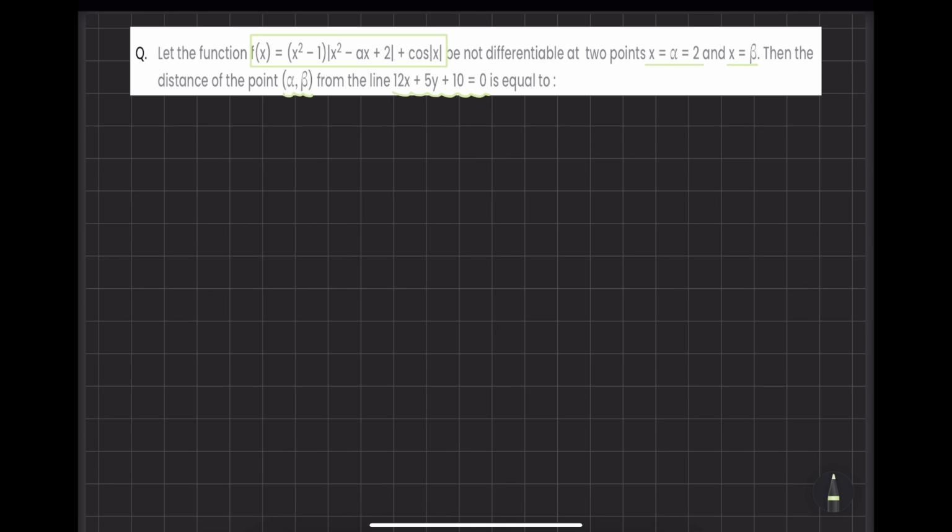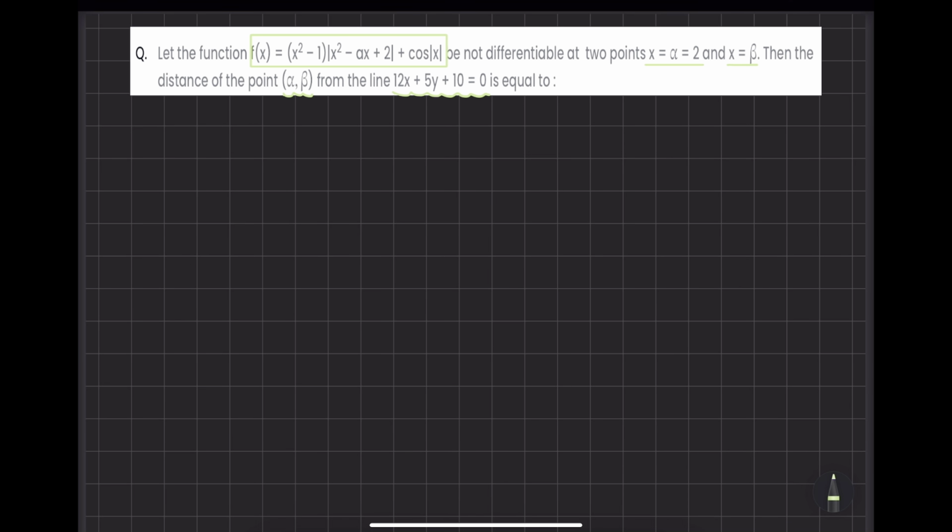Because if I give you only a polynomial function, you can draw the graph. If I give you only a trigonometric function, you can draw the graph. But it is a combination of both polynomial as well as trigonometric function. So for this specific question, we will go with the mathematical approach.